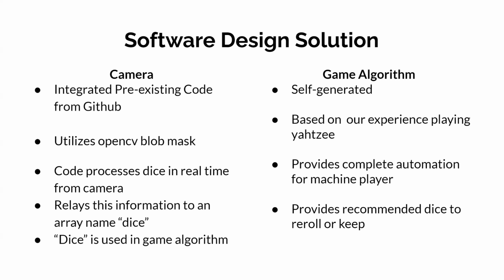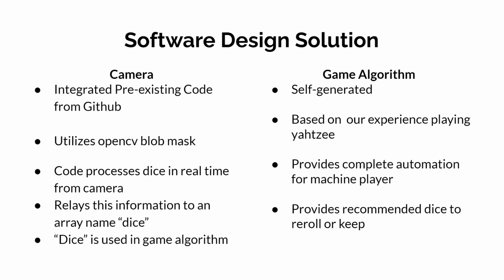For the camera, we found some pre-existing code from GitHub that captured the dice numbers in real time. The main way it did this was through a tool in OpenCV. There are different masks that you can apply to images, and the one that worked the best for dice was the blob mask. It would find blobs of high contrasting colors, big or small, but it was specifically good with the small pips of the dice.